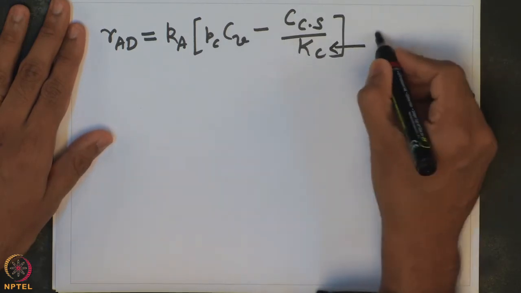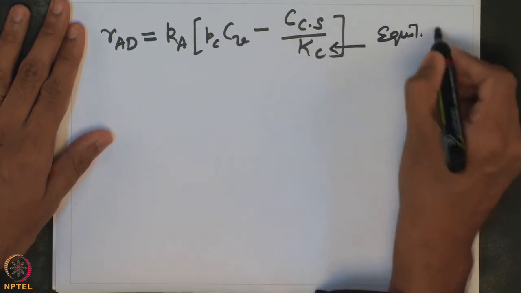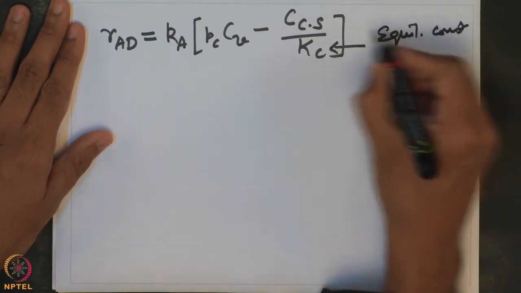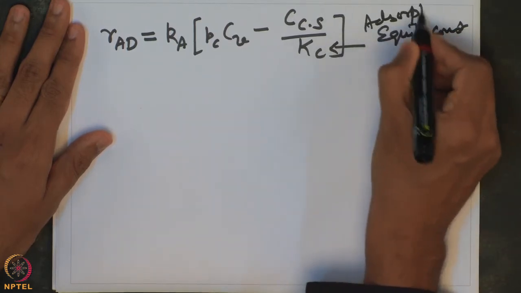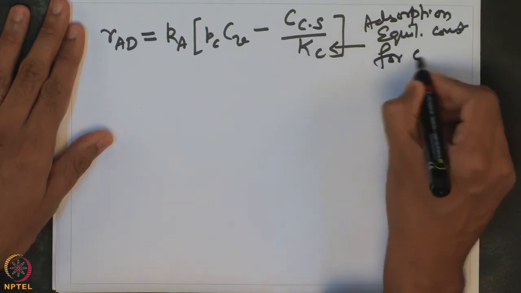Note that Kc is the adsorption equilibrium constant for cumene.